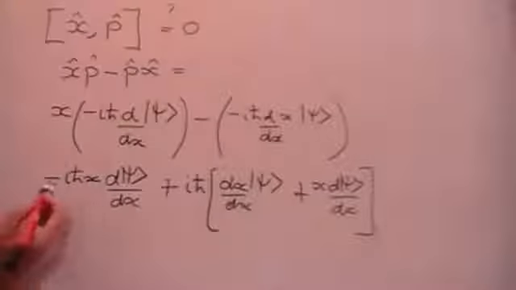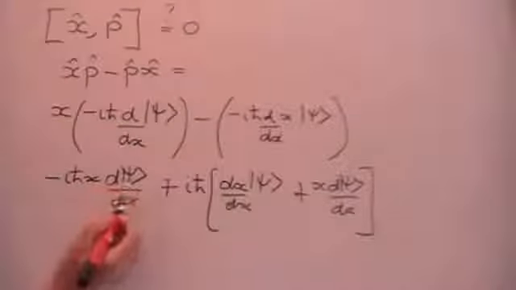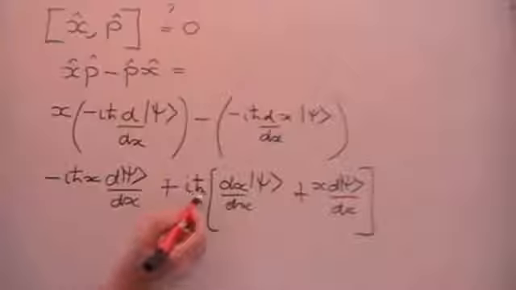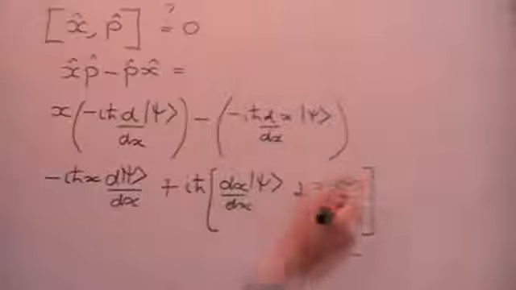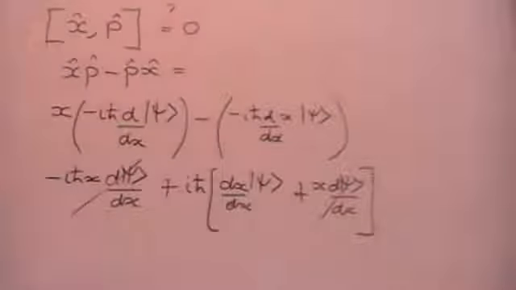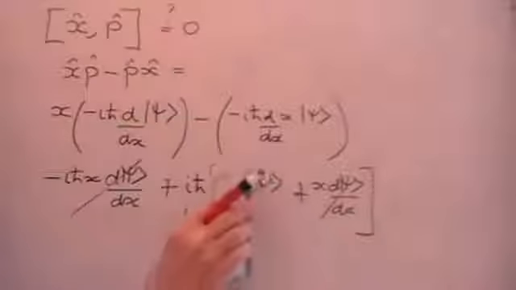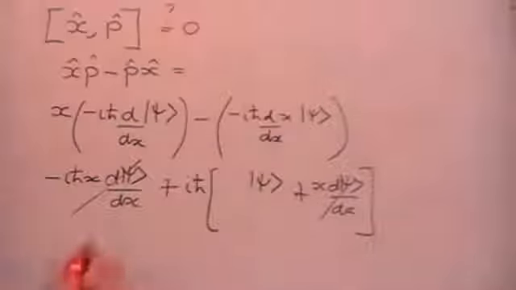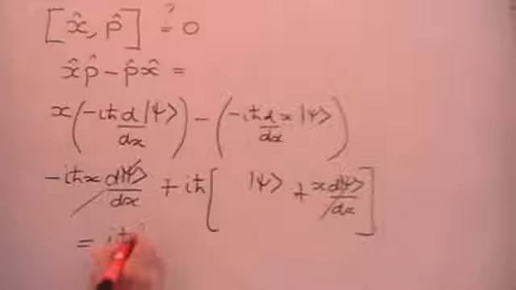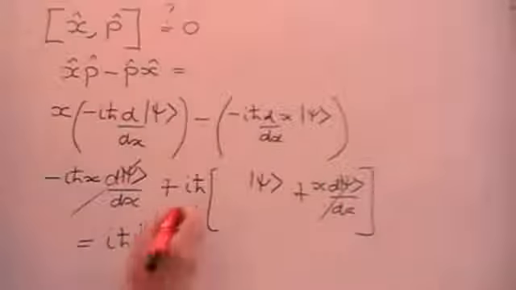Now, we've got a minus iħ x dψ/dx, and we've got a plus iħ x dψ/dx, so those two terms disappear. dx/dx is simply 1, so that disappears. And what I'm left with is iħ ψ. Ψ was the state that we acted on.